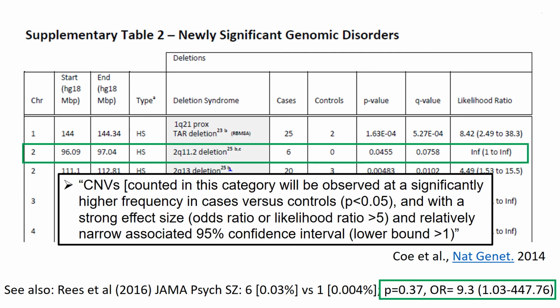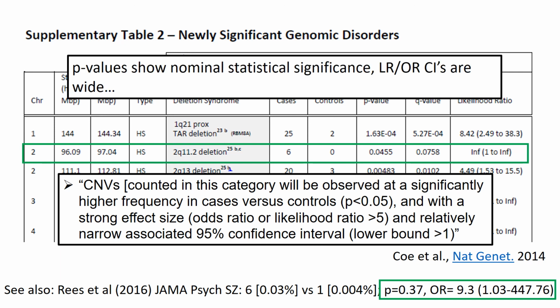According to the CNV Interpretation guidelines, CNVs counted in this category will be observed at a significantly higher frequency in cases versus controls, with a p-value less than 0.05, and with a strong effect size, an odds ratio or likelihood ratio greater than 5, with a relatively narrow associated 95% confidence interval, whose lower bound must be greater than 1. The statistical values for this region do not appear to satisfy these criteria.